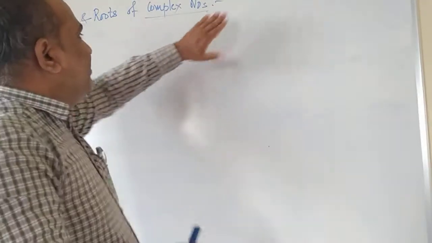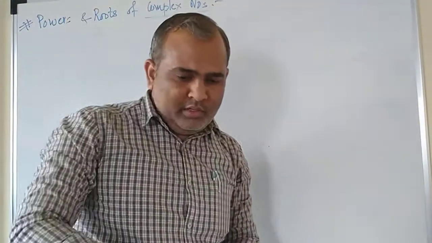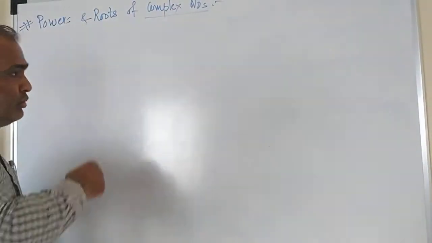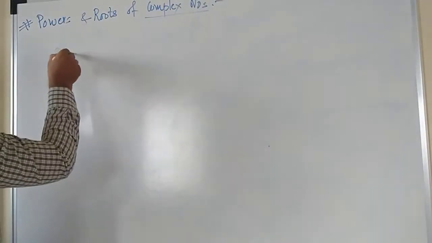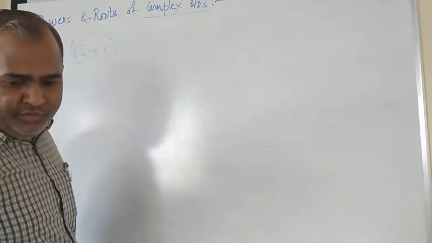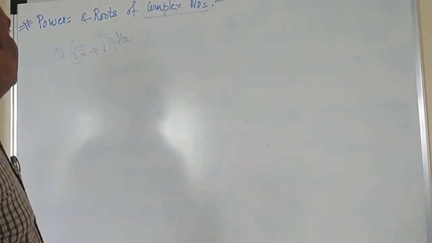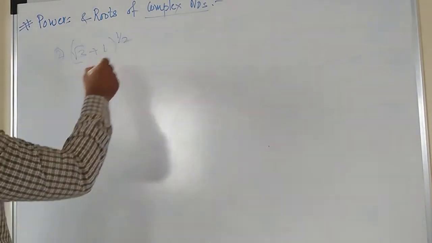Once you solve these problems, you can post them on Google Classroom. So the next problem is number 2: (root 3 plus i) raised to power half. That means find the square root, right?